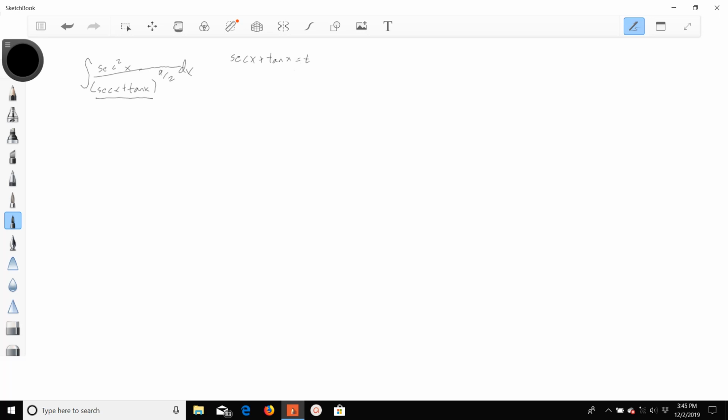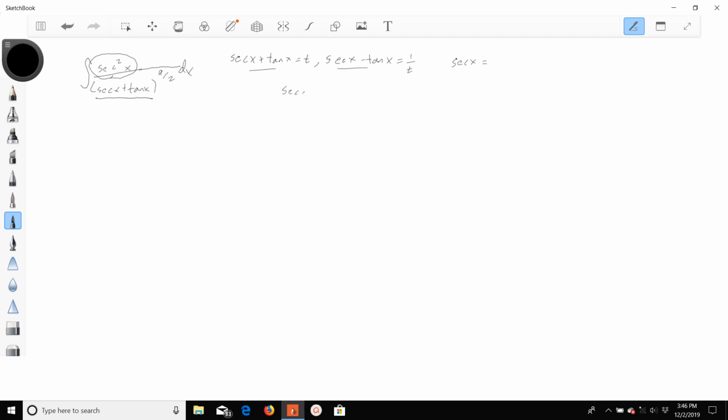And now, hopefully you can see that secant x minus tangent x is going to be 1 over t, because when I multiply these together, I get 1. This implies that secant x is equal to, and I'm doing this because I have to substitute it in, so let me show some more of my work.